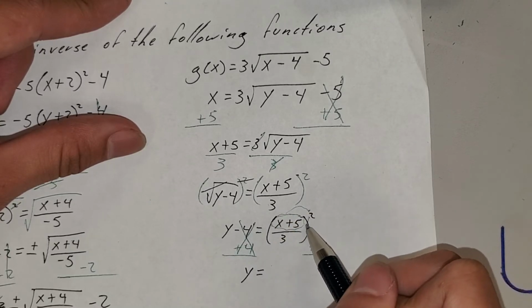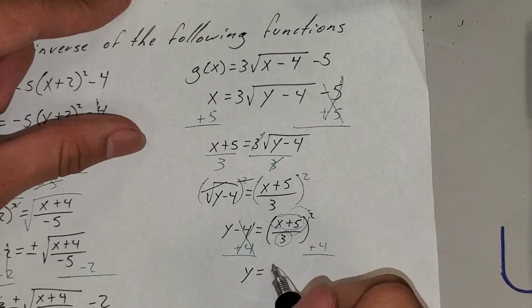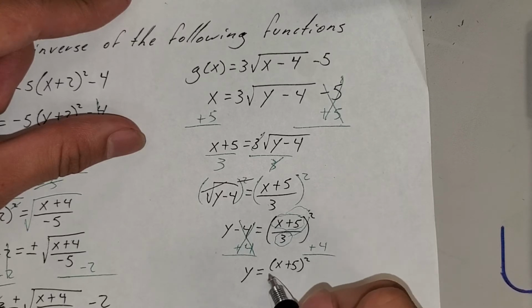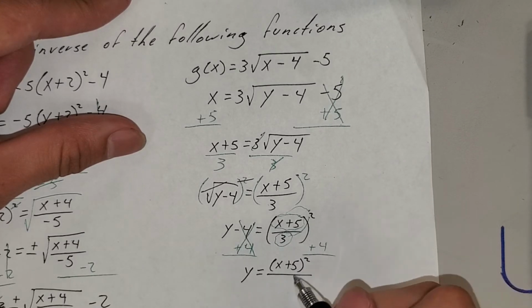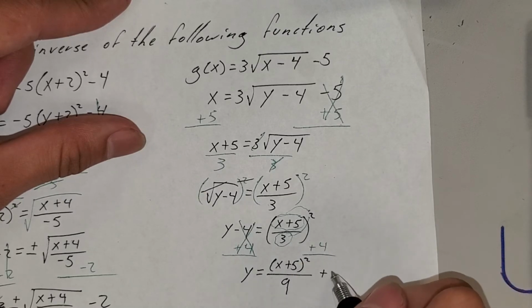It will also be distributed to the number down here. That means that I can have the top to be x plus 5 squared, and the bottom will also be 3 squared, but that is just 9, plus the 4.